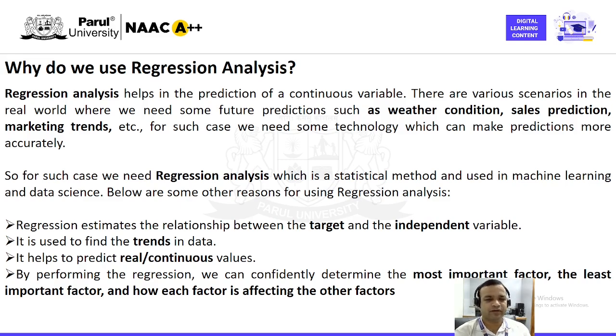If you want to predict the rainy season, when the rain will start in our Vadodara, you can predict it. So we can develop a weather predictor with the help of some other factors.